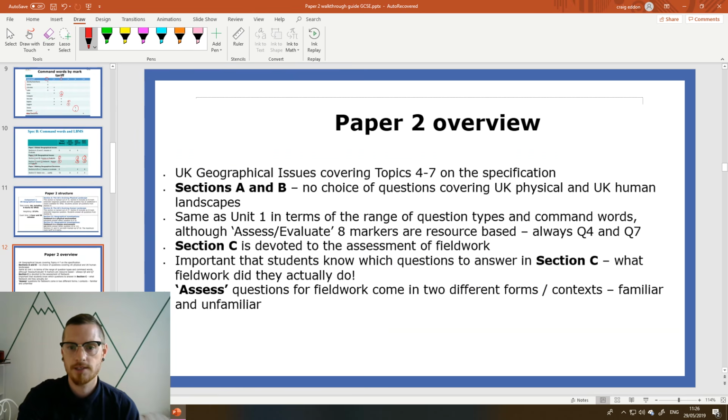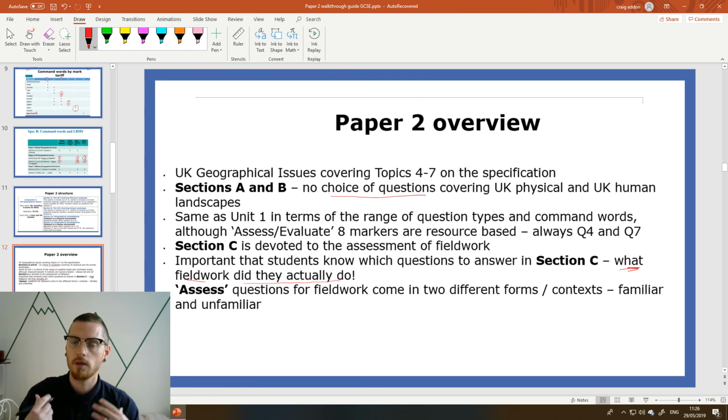What I'd like to point out here, so this is again just a quick overview of section A and B. No choice of questions. Okay, you do everything that you're given. Section C, should be comfortable here, is all about the fieldwork that you did. So you can see here from the exam board, what fieldwork did they actually do?